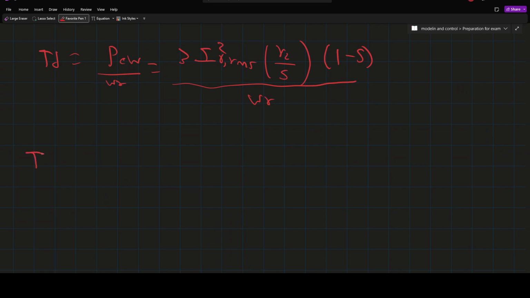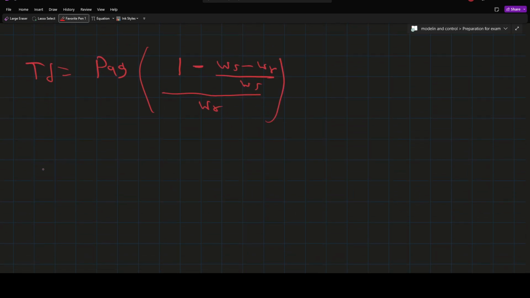And this is gonna give us TD equals our air gap power, that is all of this part here, multiplying 1 minus s, that is omega s minus omega r over omega s, all this over omega r.